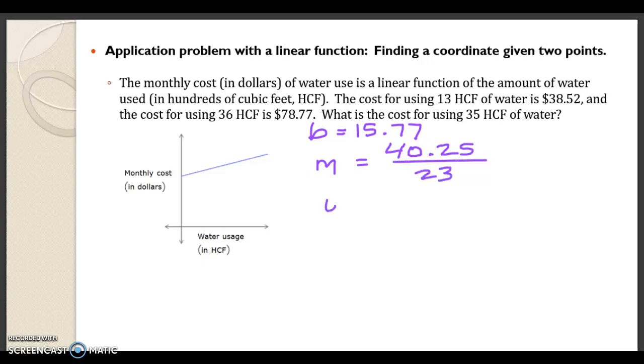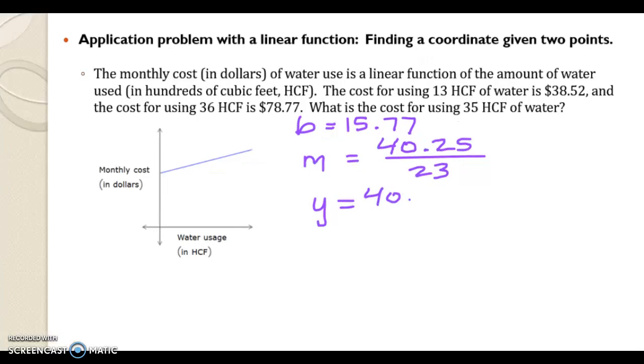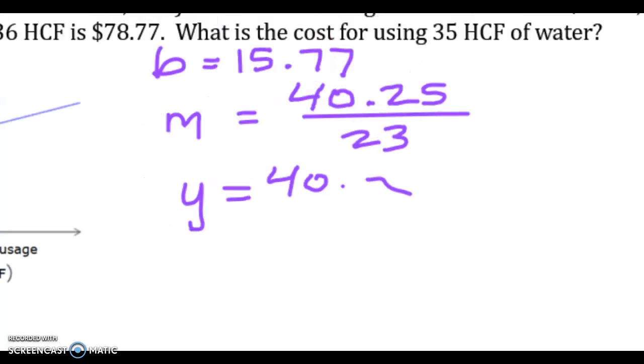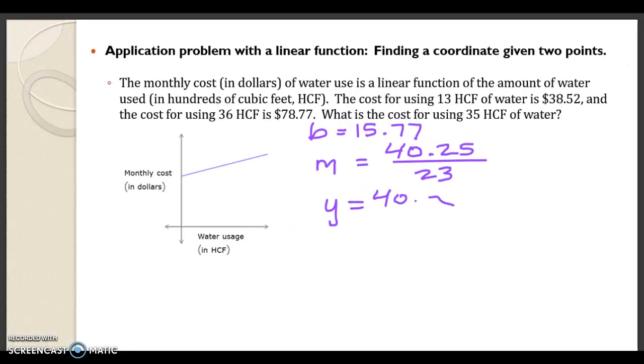So our equation we have to work with is y equals 40.25 over 23 x plus 15.77.